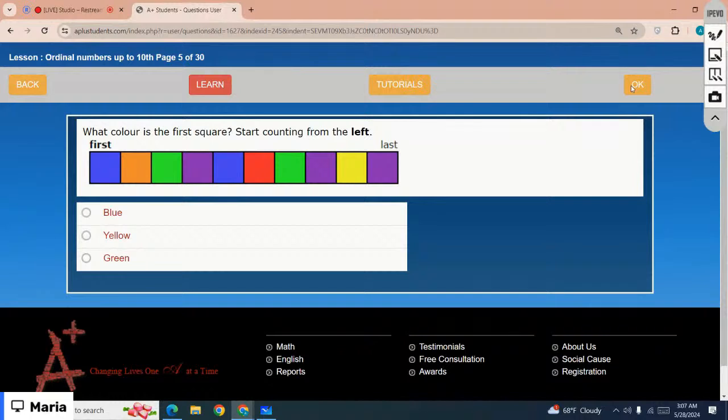The first square is blue. The correct option is blue.